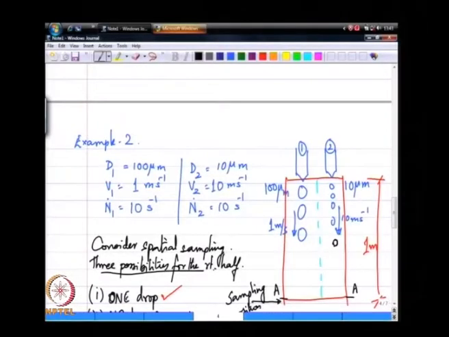Okay. So, what you get in the time sampling, in the time domain, is basically related to your n1 dot and n2 dot. We can look at an example 3 where we go back to V2 being 1 meter per second and n1 dot or n2 dot being, let us say, 100 per second or 1 per second. You will see that.